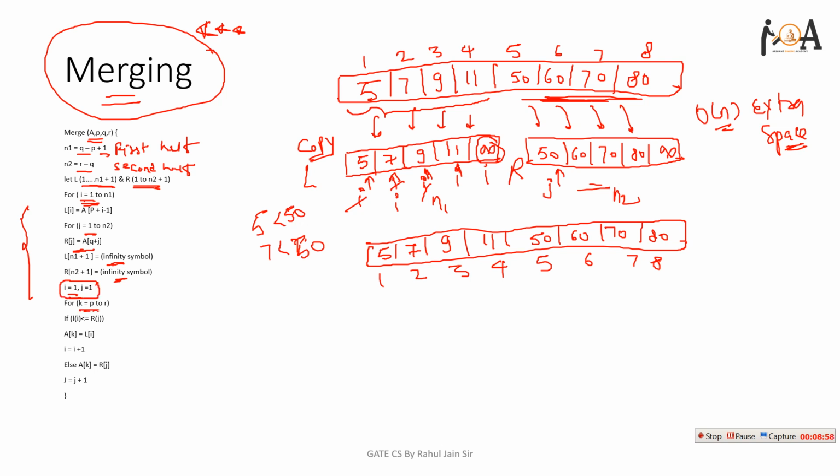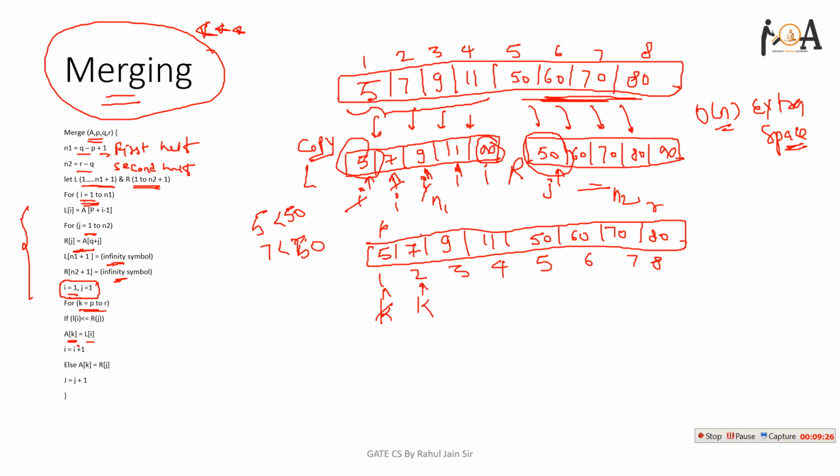For k equals p to r, this was my initial position. From this p to the last position r, I need to compare the first element of this with the first element of this. Whatever is lesser, I need to put into the position A[k] equals L[i], because it is the smallest one, and after that I will increment my pointer.